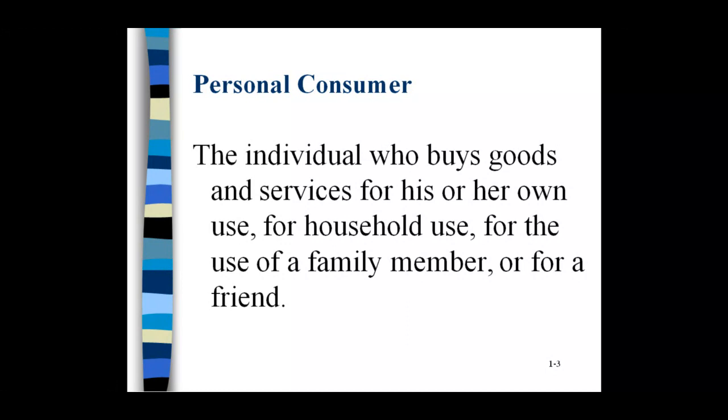See, the individual who buys goods and services for his or her own use, for household use, or for use by a family member, or maybe for a friend, is known as a personal consumer. If a consumer is buying goods for himself or herself, or for one of the family members, or his children, or maybe friends, then definitely we are talking about personal consumers.